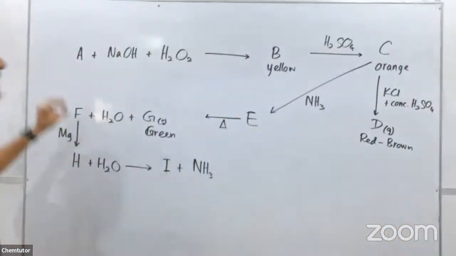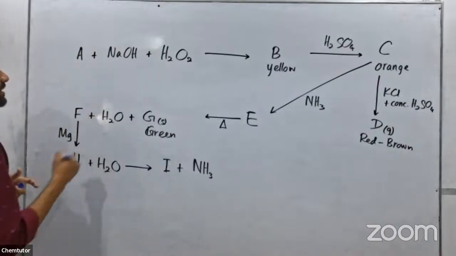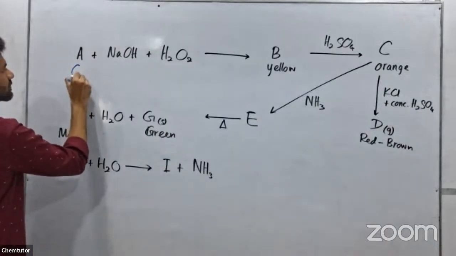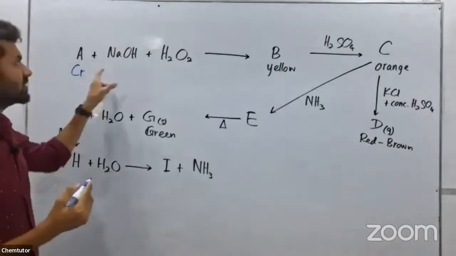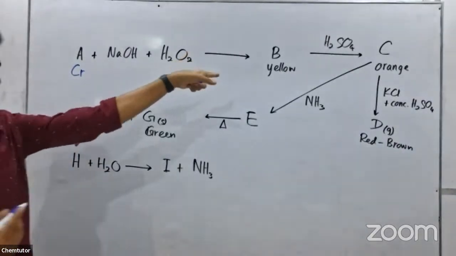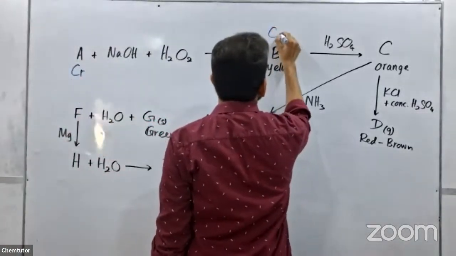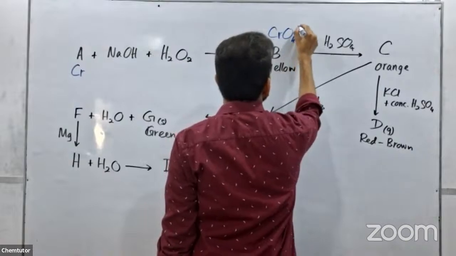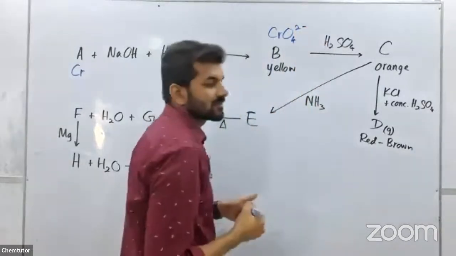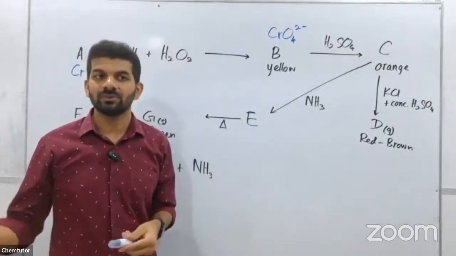Now, whenever we read the first sentence, I realize that A has to be some chromium compound, because with sodium hydroxide and H2O2 it gives a yellow substance. So the yellow substance has to be the chromate, CrO4 2-. Once CrO4 2- is acidified, it turns into dichromate.